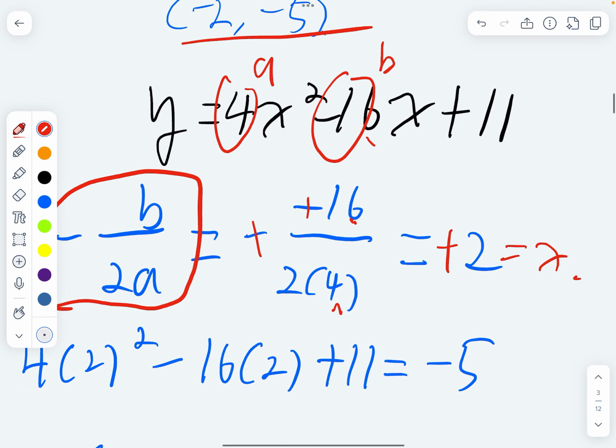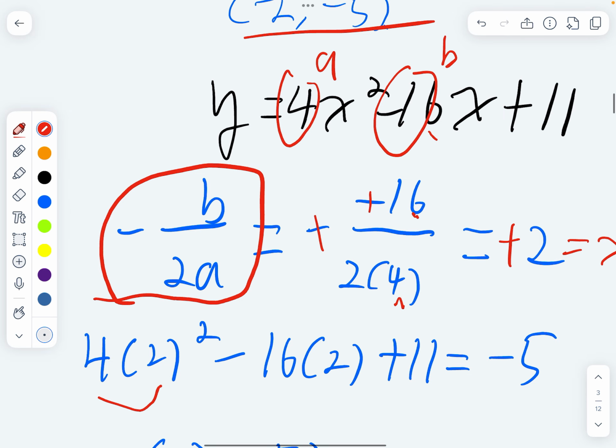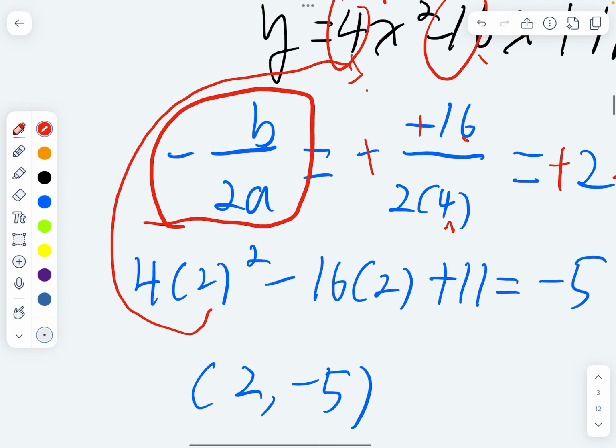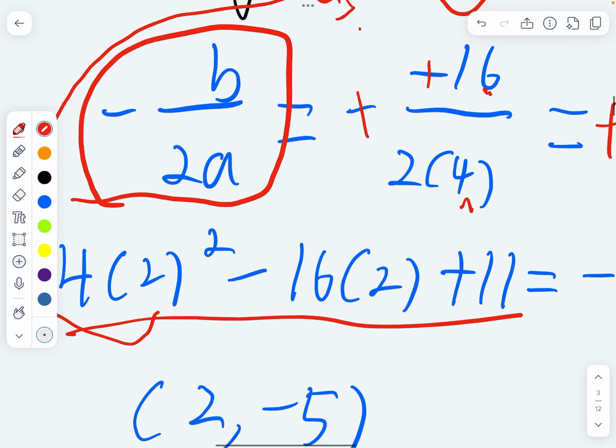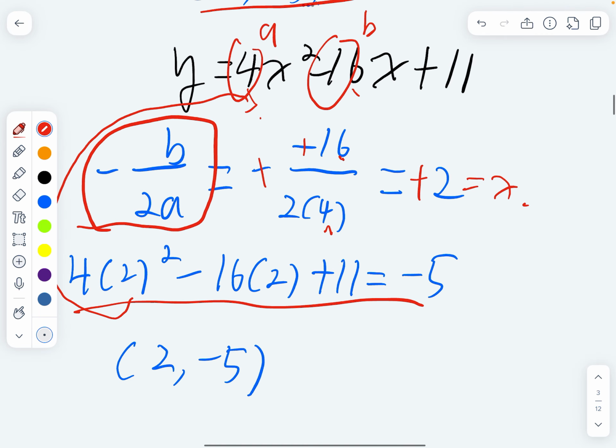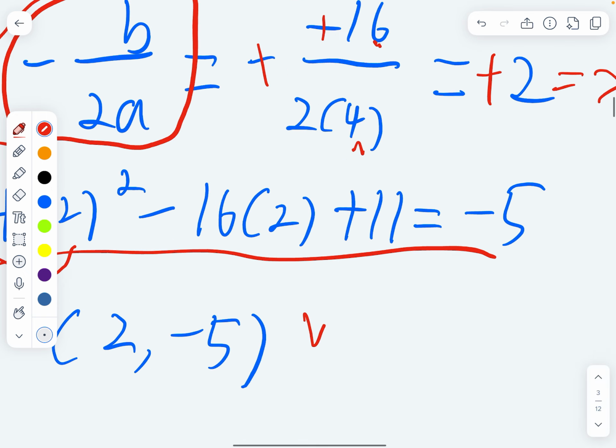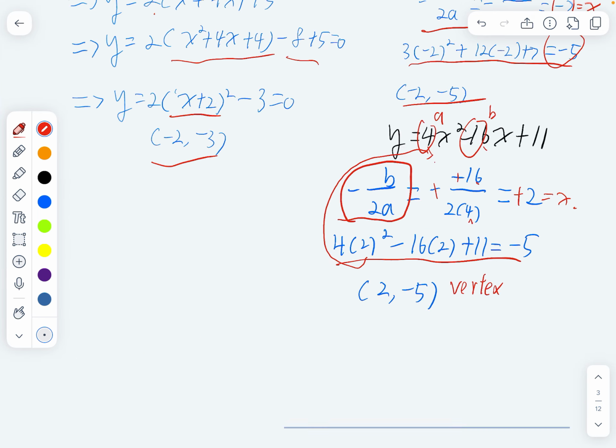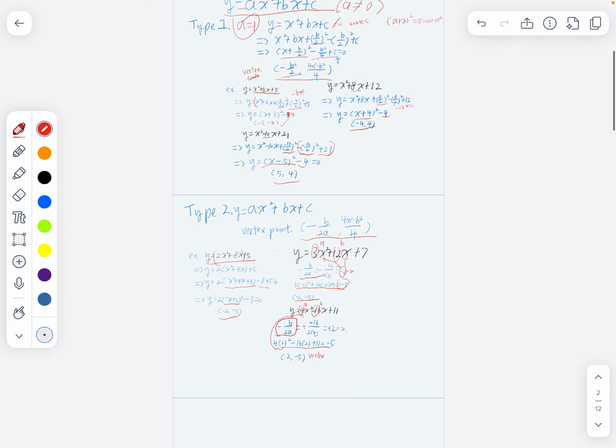Now we use the 2 to go back to the relation and calculate this formula. This time we get negative 5. So the final answer, 2 and negative 5, is the vertex.